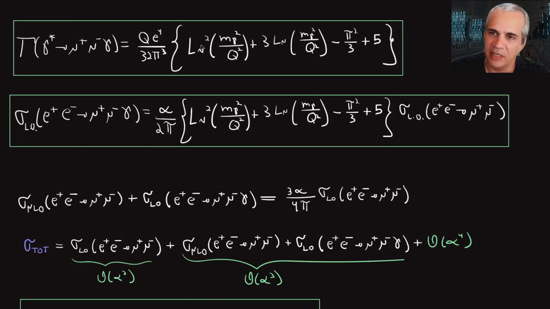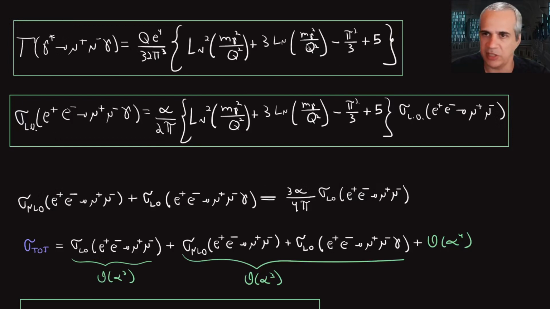Again, you have the Sudakov double logarithm here. The other logarithm is also here with even the same coefficient. So this is what made people suspect that the two divergences, the one coming from the next to leading order calculation of just producing two muons, was related to this one, where you're producing an extra photon.